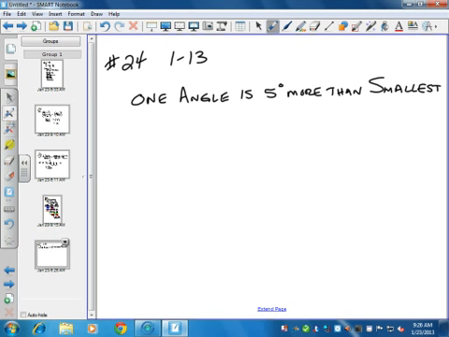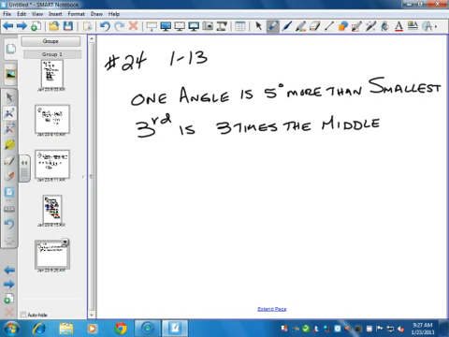We're just making a list of the facts. The third angle is 3 times the middle. And then it tells us something about the sum of them.